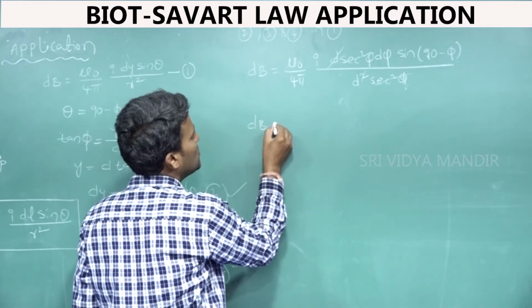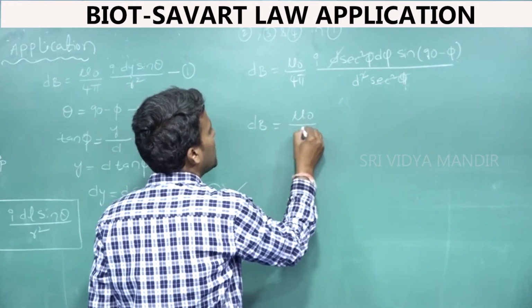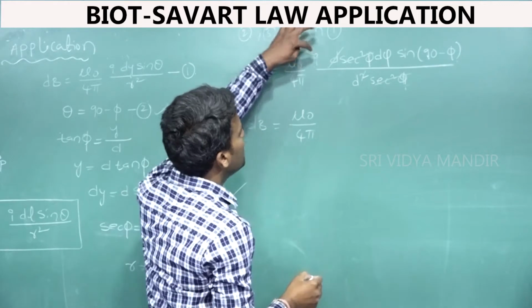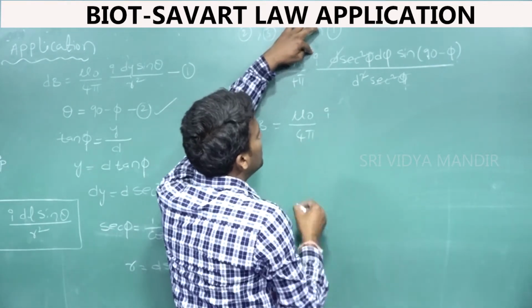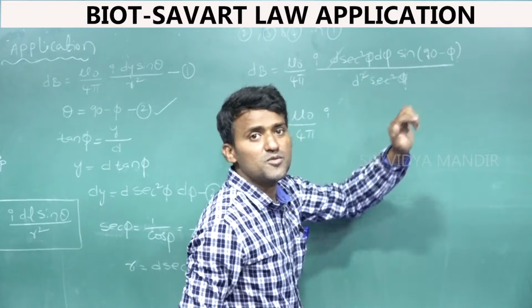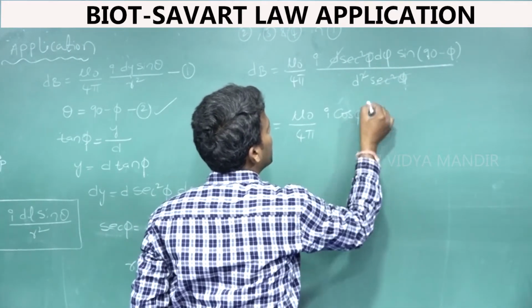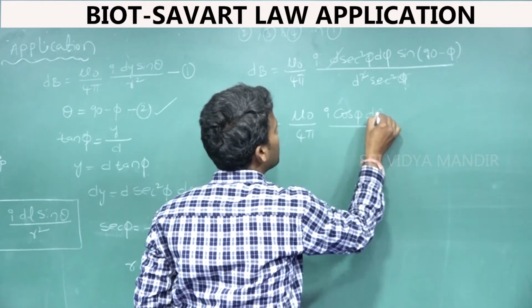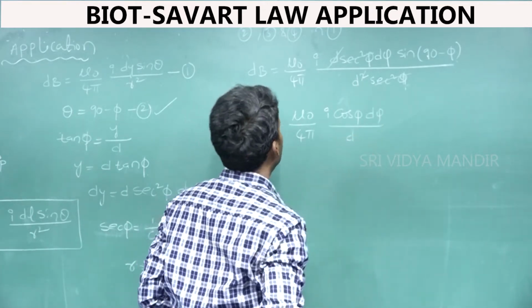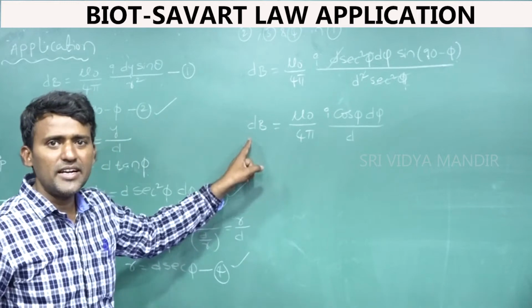dB is equal to mu naught by 4 pi. The remaining one is I. And the next one is sin(90 minus phi), which is cos phi. Cos phi d phi divided by d. Now this is the magnetic field.